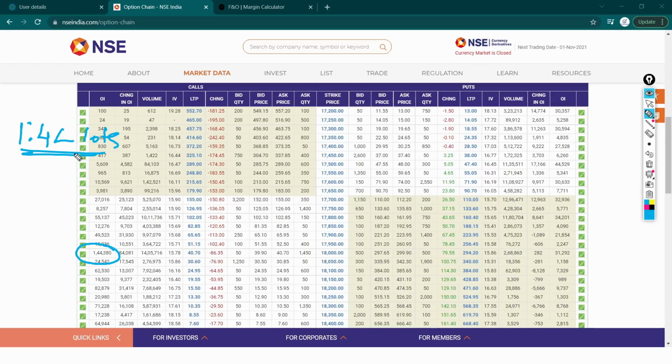That means there are 1.4 lakh lots of long quantity which are open and 1.4 lakh short quantity which are still open and yet to be closed. These are not yet closed, but these many long contracts and short contracts are open. That means people have carried the position.